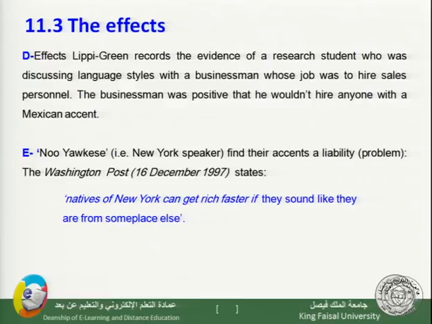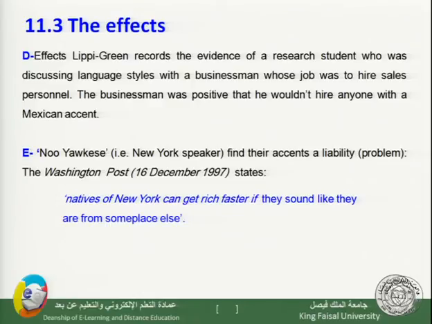Because if you think of the previous idea, people with a Mexican accent are associated with criminality, they can have negative behavior, or they can indicate less trust, that they are not trustworthy, as we have seen in the previous example.